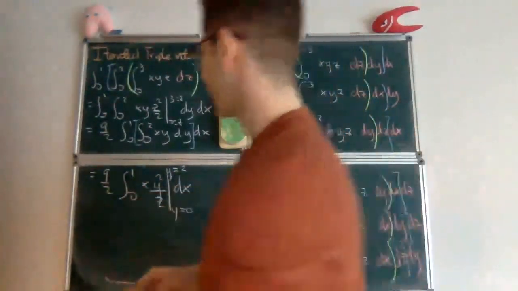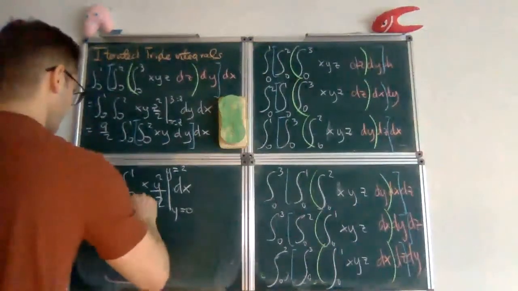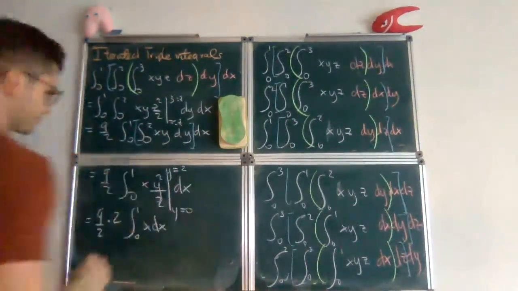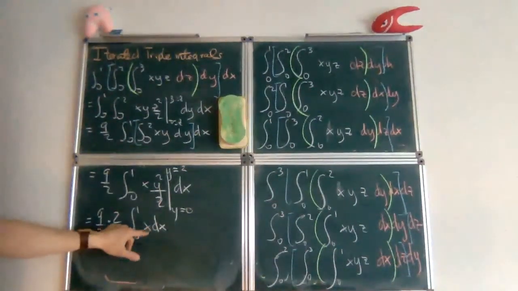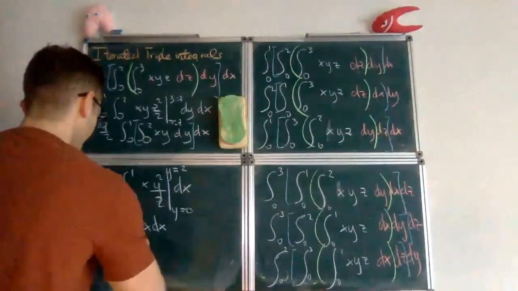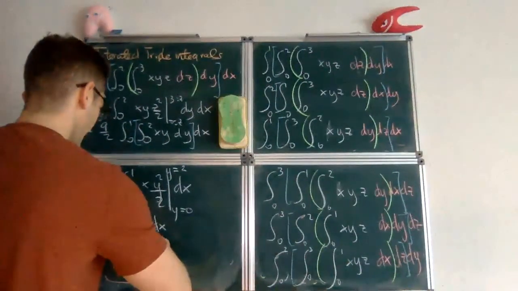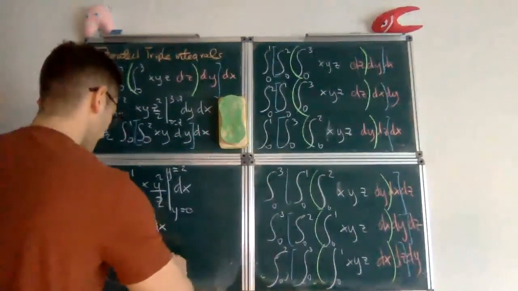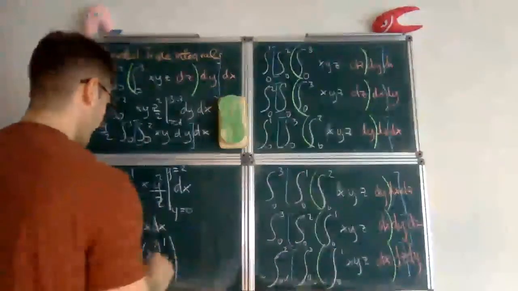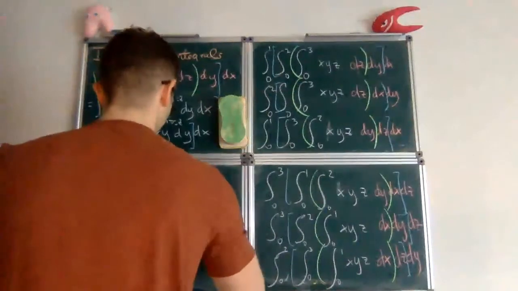So it will be 9/2 times 2 times the integral from 0 to 1 of x dx. And this one, well, is x squared over 2. So you get 9/2 times 2, x squared over 2 from 0 to 1, right? That's 1/2. And so the answer is 9/2.